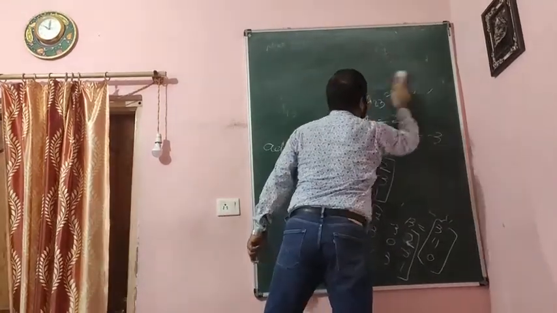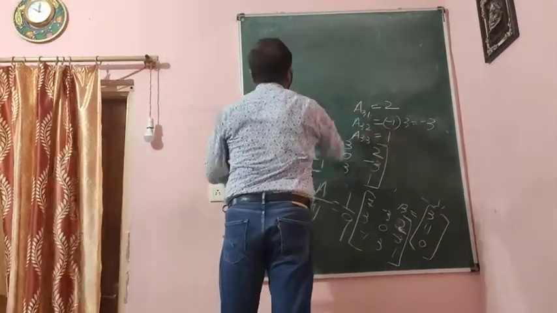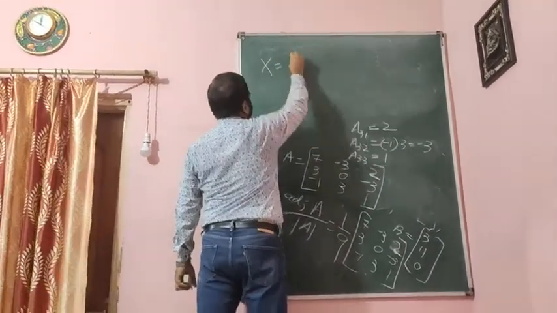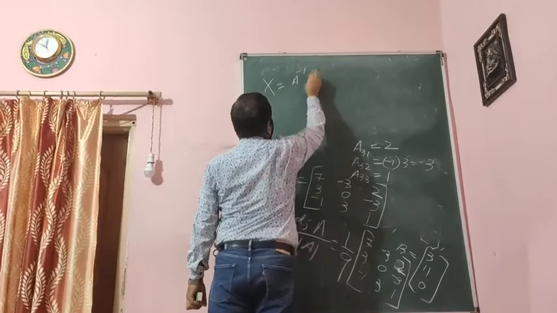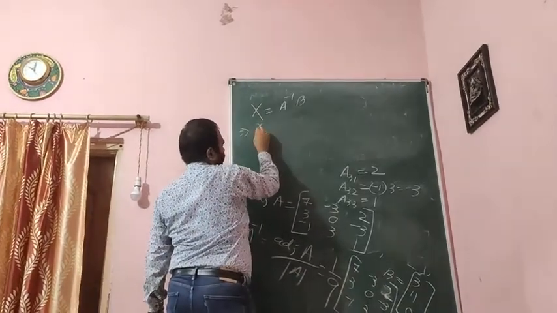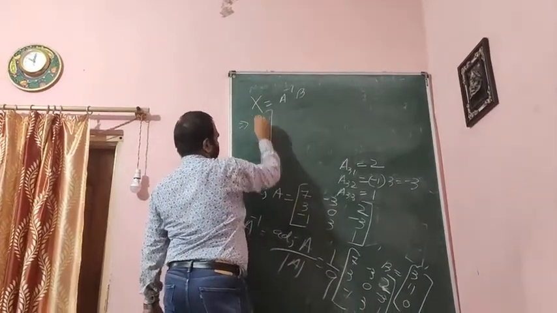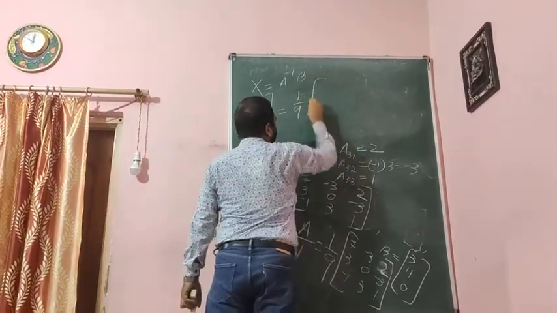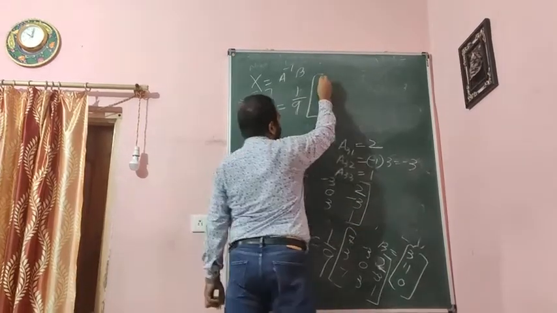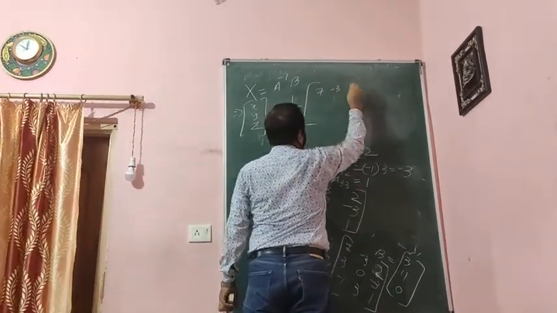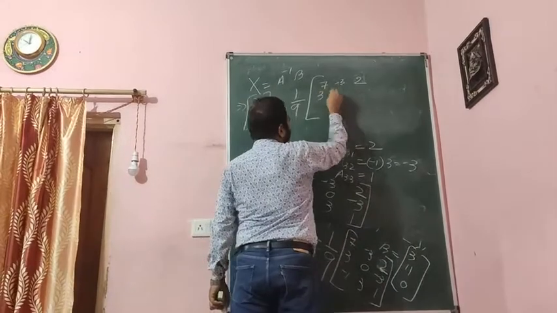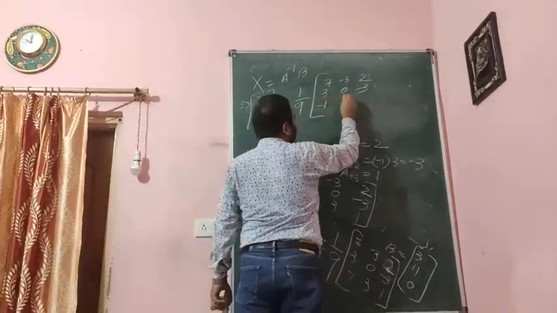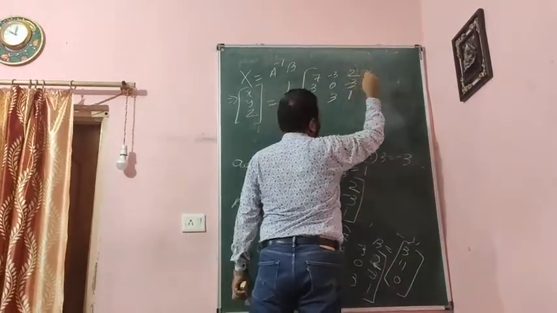Okay, so now come to capital X. Capital X equals A inverse into B. So capital X, that is small x, small y, small z, equals A inverse, which is this: 1 by 9 into 7, minus 3, 2, and here 3, 0, minus 3, and here minus 1, 3, and 1.